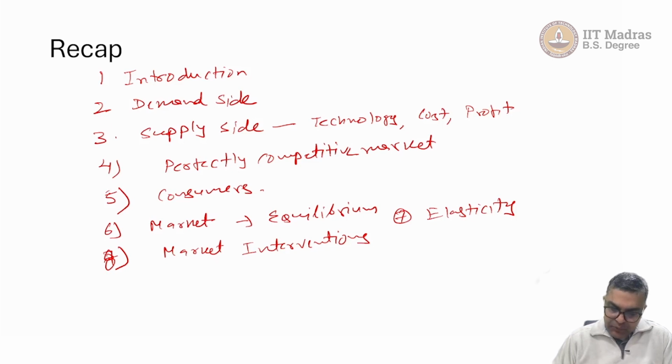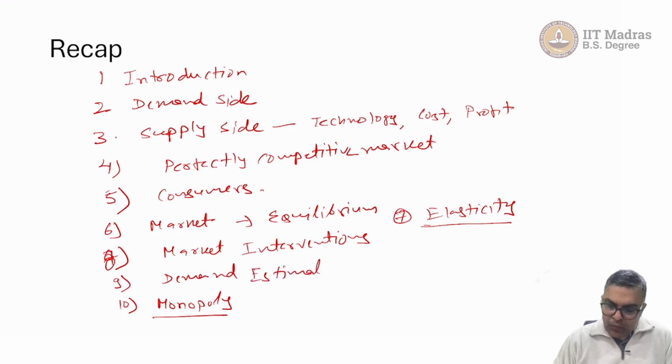And now we should move forward and we should talk about another market environment, that is monopoly. But before we do that, I also want to take a little bit of time and talk about demand estimation. Why do I want to talk about demand estimation?